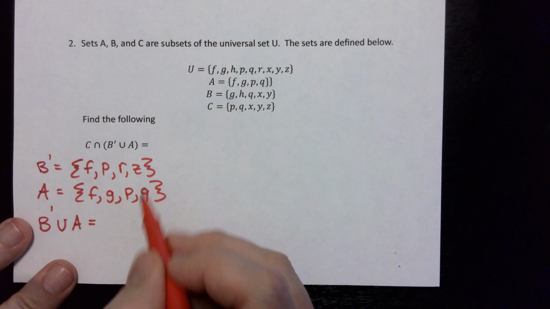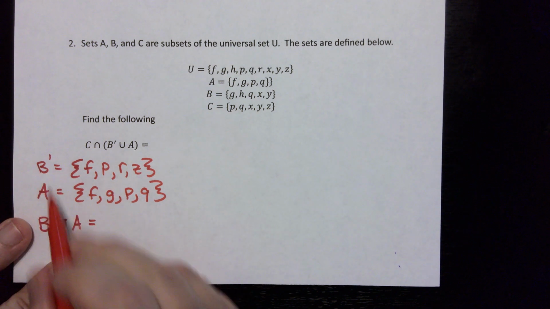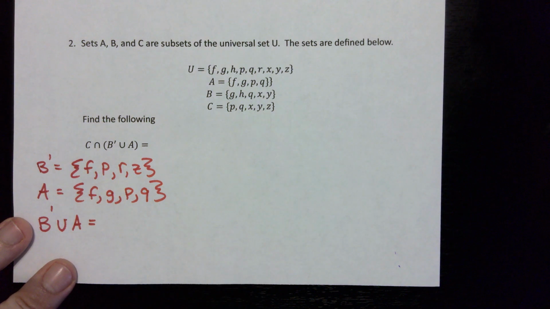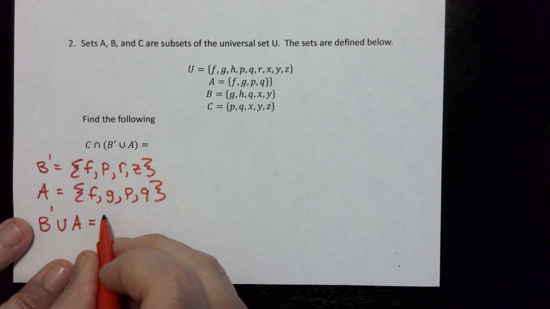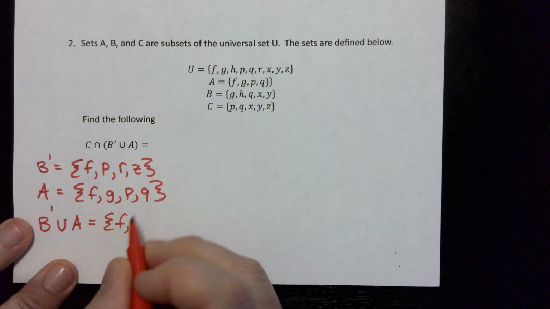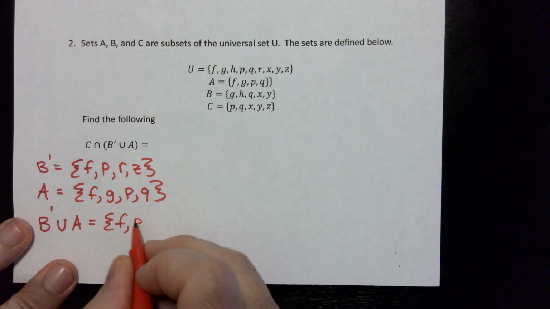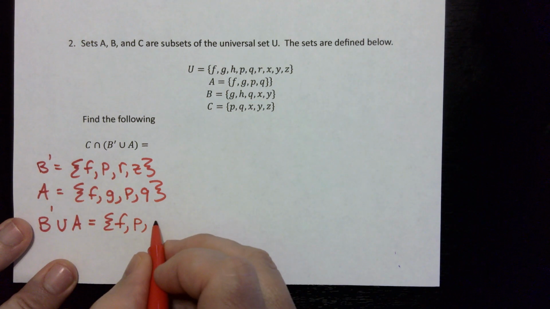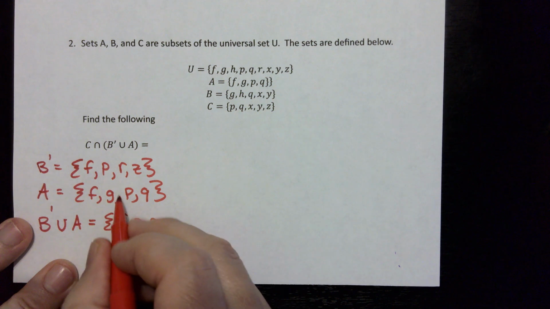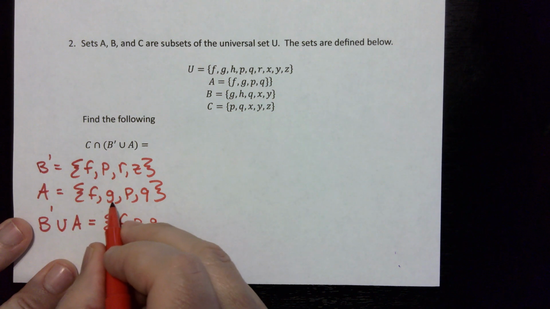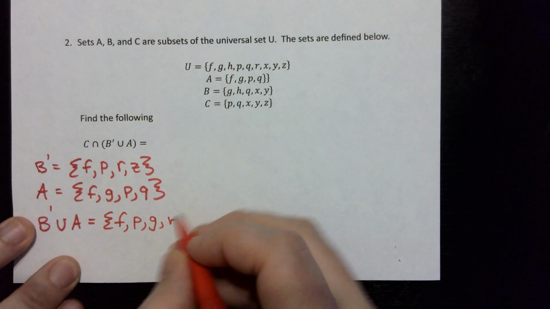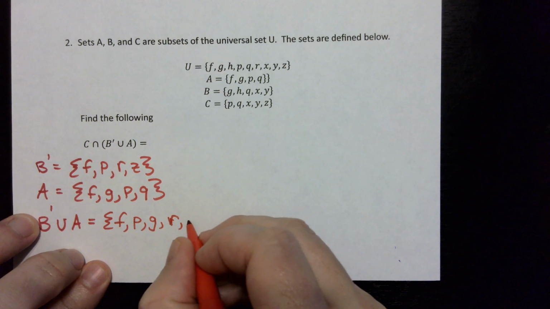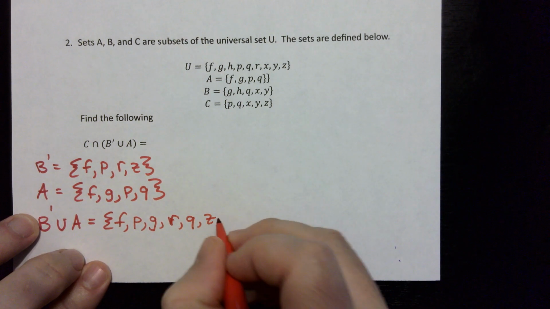If it shows up at all, we're going to write it down, but even if it shows up twice, we'll still only write it once. So the F shows up twice, let's write it once. We have a P, we have a G. The P showed up twice. We have an R, we have a Q, and we have a Z.